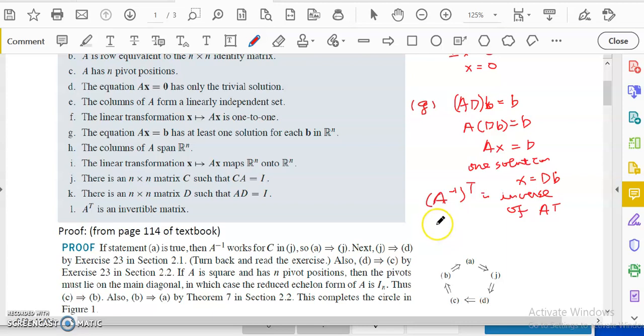I'm going to multiply these two together, to say that it's supposed to be equal to I. And last time we said the transpose of a product is the product of the transposes in reverse order.